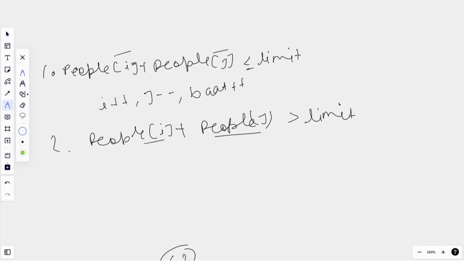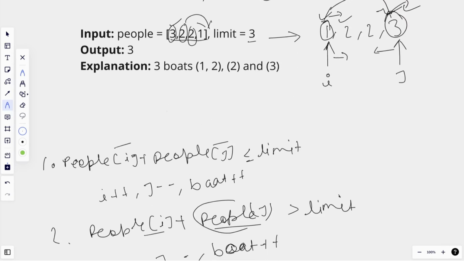So I will make sure that this guy sits alone, then I will do j minus minus and I will do boats plus plus. So yeah, those are the only two cases that we have to take care of, and this will make sure that we use the minimum number of boats because we are pairing each guy with the smallest value present. So yeah, let's see the code for this.